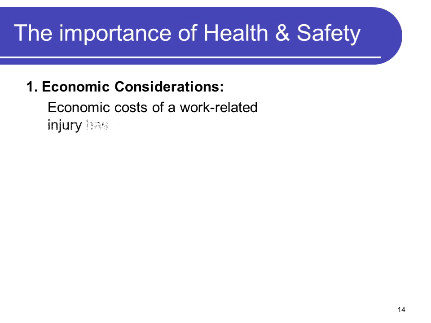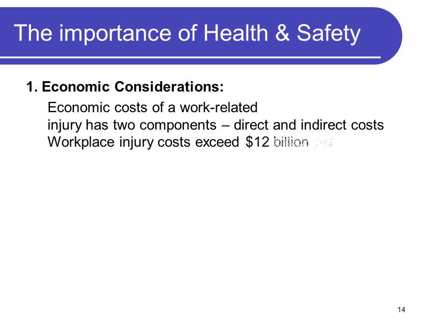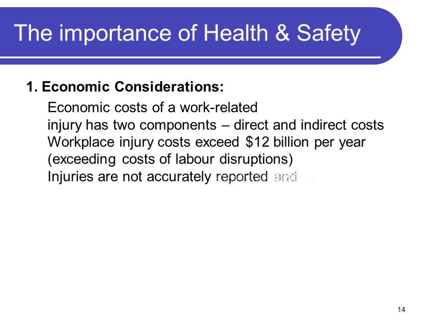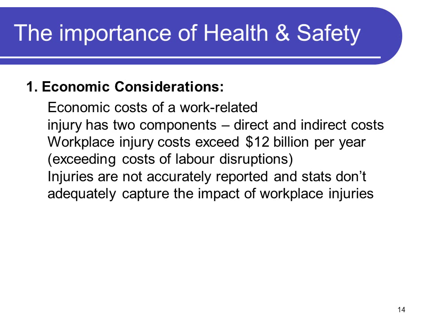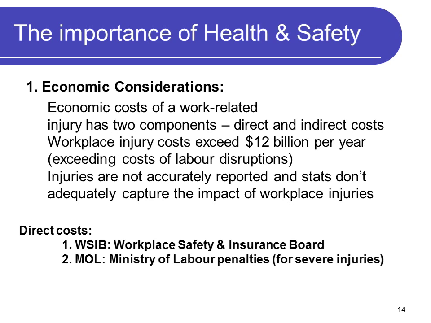Let's continue with the economic considerations of why health and safety is important. The first one is economic considerations, and the economic cost of work-related injury has two components: the direct and indirect costs of workplace injuries. Workplace injuries cost exceeds $12 billion per year, exceeding the cost of labor disruptions. Injuries are not accurately reported, and statistics don't adequately capture the impact of workplace injuries.